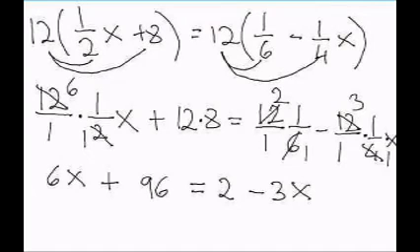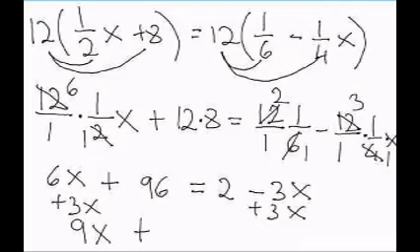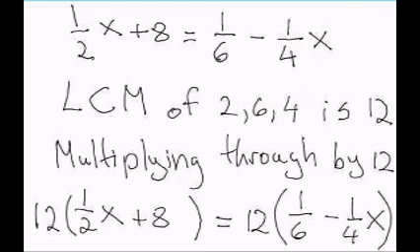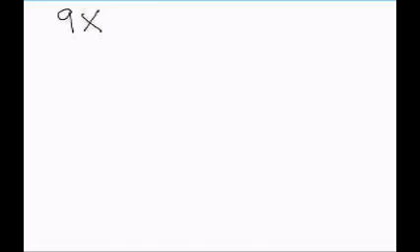Okay, well, that's great. Now I'm going to add 3x to both sides to finally finish solving this equation. So we end up with 9x plus 96 equals 2.